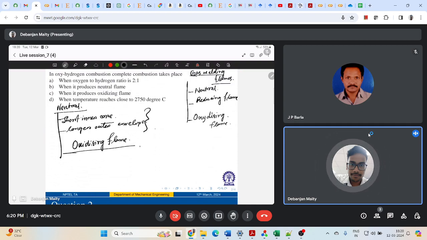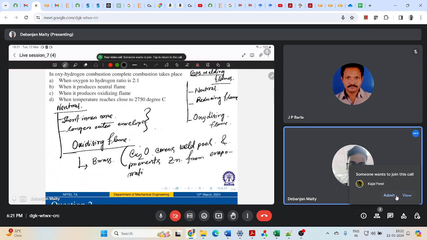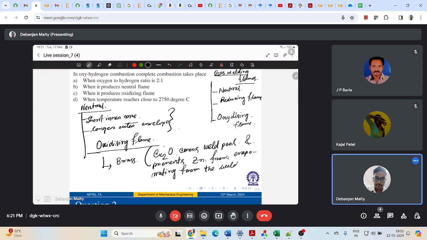I will use an oxidizing flame for brass material because copper oxide covers the weld pool and prevents zinc from evaporating from the weld pool, right?